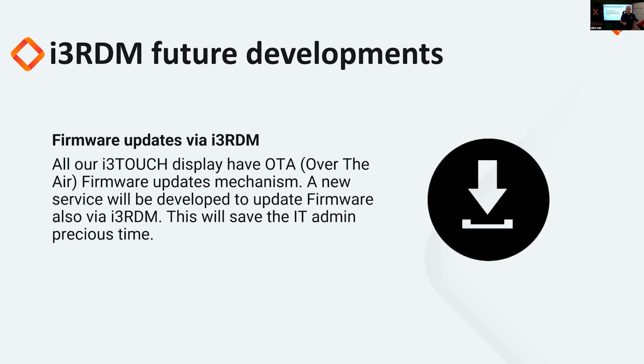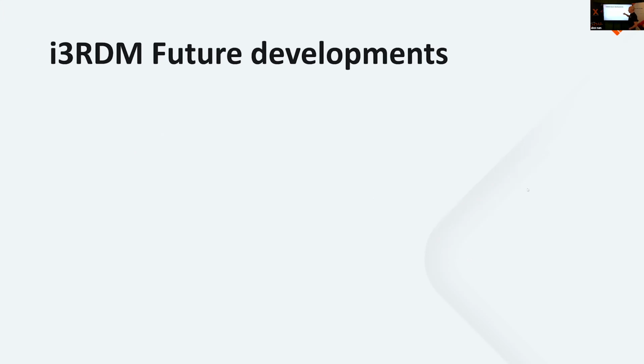So if you have 50 i3 Touch displays in your fleet, you click just once on a button and all your devices. So if you want to do this early in the morning or after school hours, you click once and all the devices will be updated simultaneously. So that's a big improvement to save time of admin people.